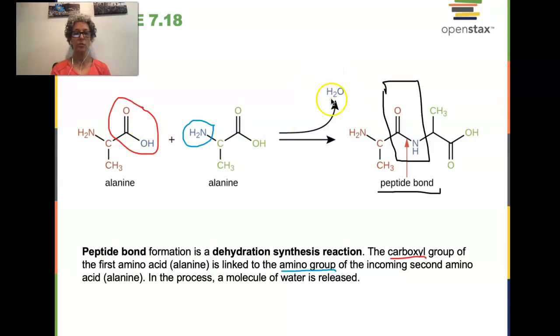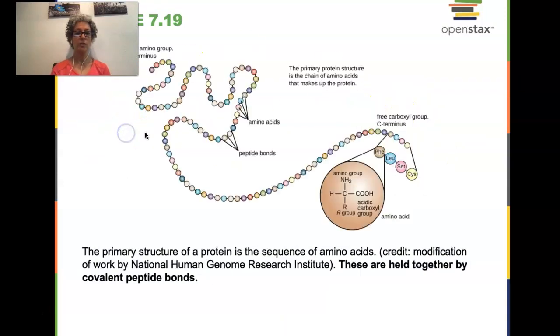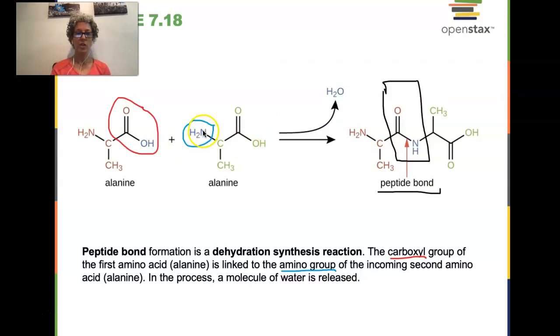We release the water, and now here's the carbonyl carbon is still here. We're connecting from this carbon, to this nitrogen. We release the water. So this is called a peptide bond, and it is only found between amino acids, just like a glycosidic bond is only found between carbohydrates.